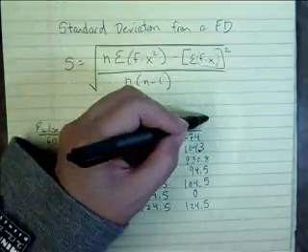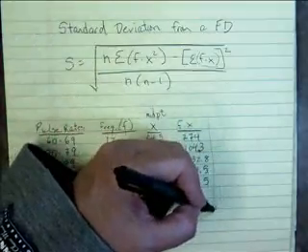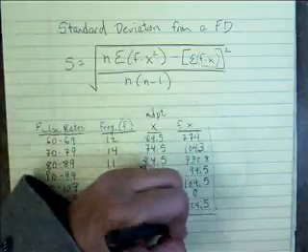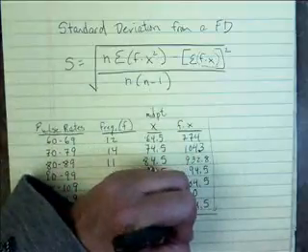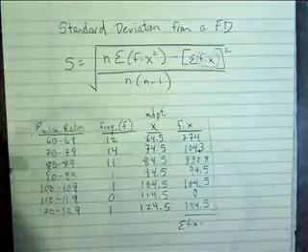If you remember from what we did before, we added up all these digits, and this gives us the summation of f times x.